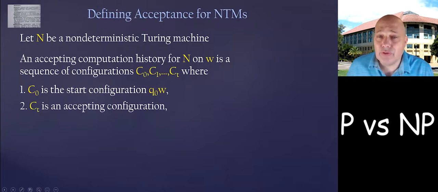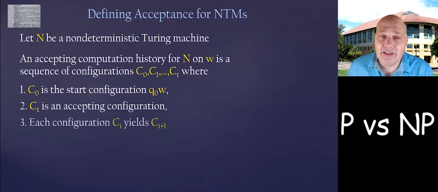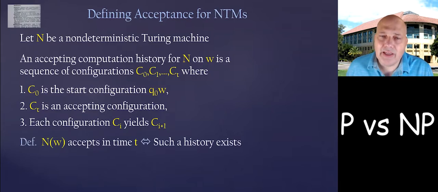CT is an accepting configuration, which means that first it is a legal configuration and then the state written there is an accept state. And each configuration yields the next. So there is a way to move from configuration Ci to configuration Ci+1. Now, if there is a history of T plus 1 configurations, then we will say that N accepts w in time T. And if there is no such history, then it is either not accepting or at least not accepting in time T.